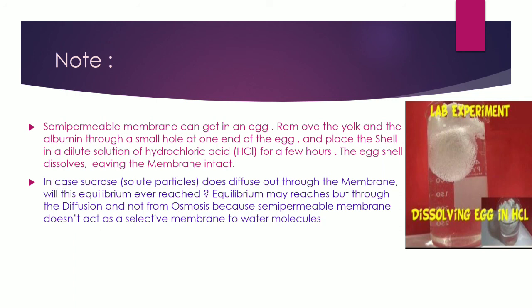That means if the membrane can let solute particles diffuse also, then there is no role of the semi-permeable membrane in osmosis. Maybe the equilibrium stage may be reached, but only by simple diffusion, that's it.